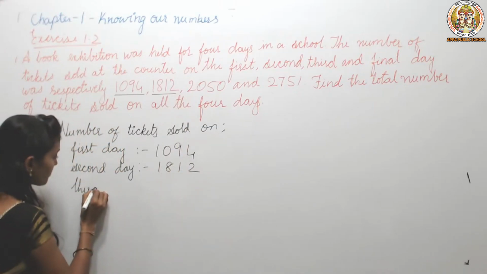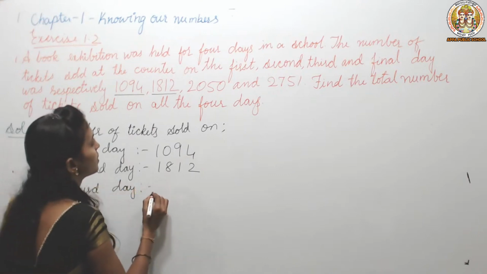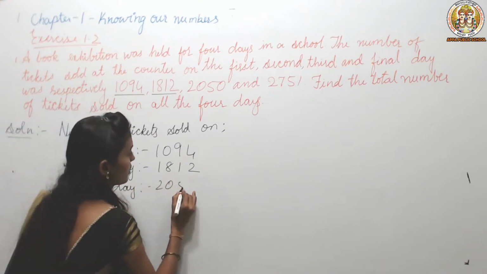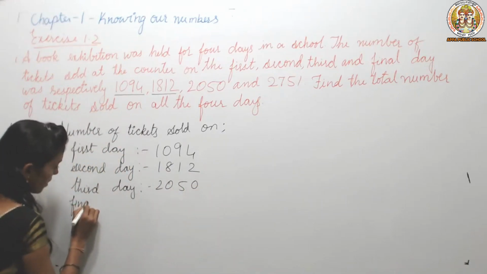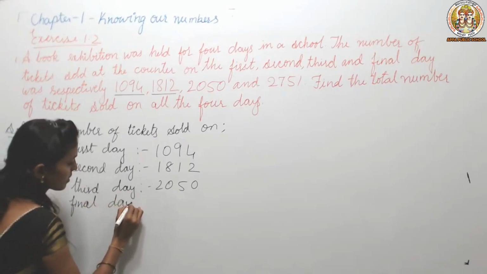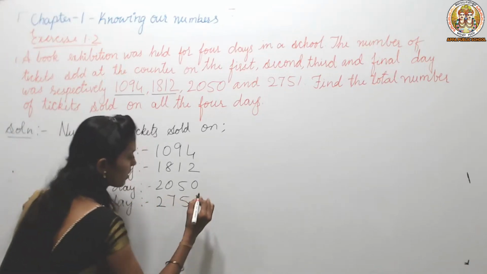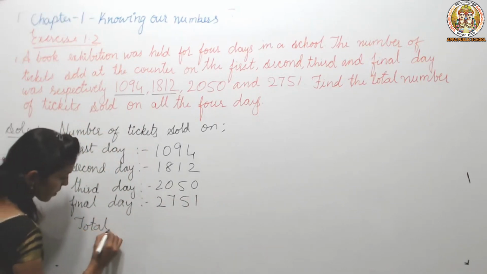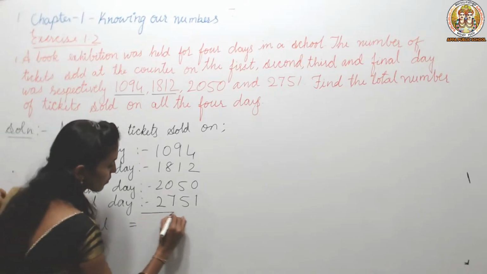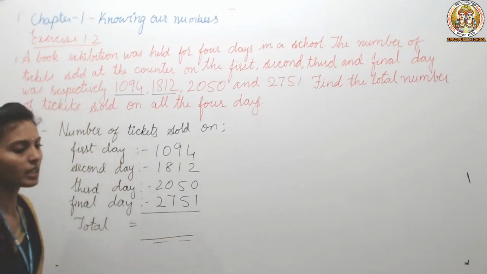Third day, 2050, and on the final day, the fourth day, 2751. Then the total number of tickets. What to do here? We have to find the sum.